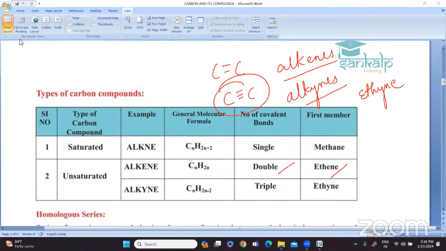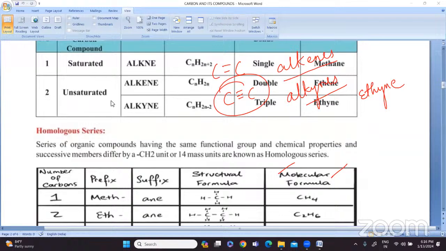Moving further, we had started with homologous series, so we'll proceed further. What do you mean by homologous series? It is a series of organic compounds that follow a particular functional group.